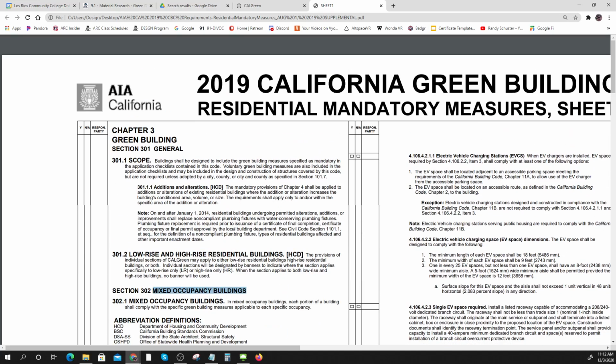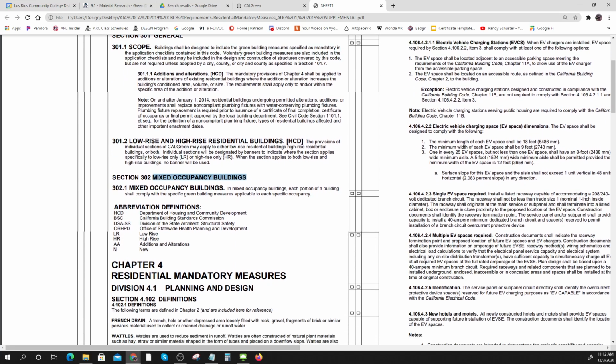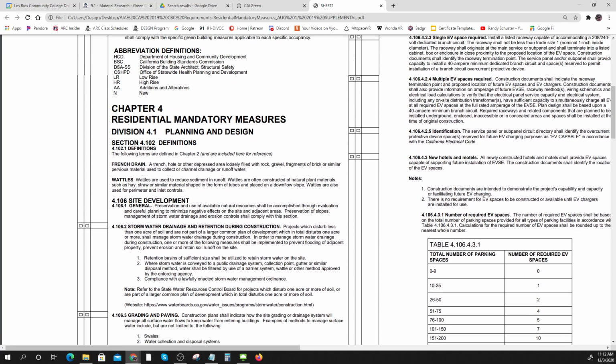So that's sort of like, what does this apply to, the scope? So then what do you have to do? There are things that you do in the planning and design that have to be taken care of. Some of those have to do with site development. That's what Unit 1 was all about, site development.